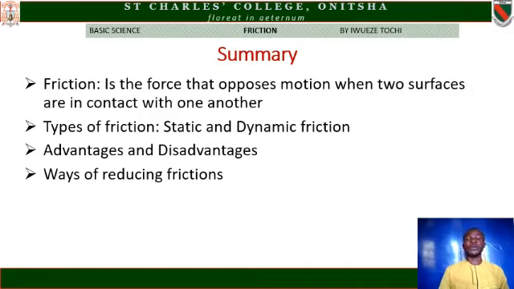Advantages of friction: we mentioned friction helps in walking, in climbing, application of brake, movement of cars, etc. Disadvantages of friction: we have wear and tear, loss of energy in engine and heating of engine. Ways of reducing friction: by application of lubrication, by streamlining, and by use of ball and roller bearing.